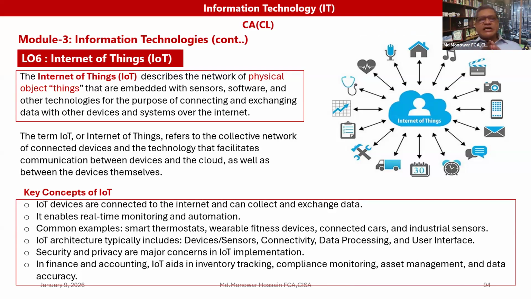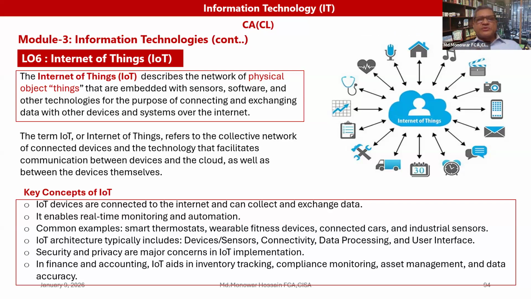Common examples of IoT are the smart thermostat, wearable fitness device, connected cars, and industrial sensors, etc. IoT architecture typically includes devices, sensors, connectivity, data processing, and user interface.